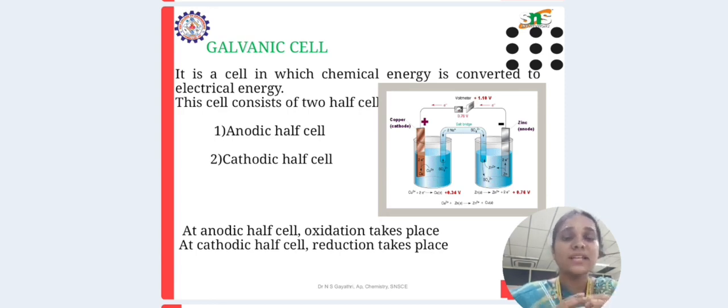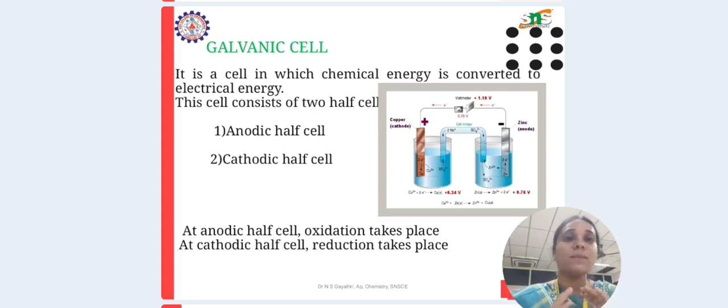Here in the galvanic cell the anode is zinc and the cathode is copper. We have taken two compartments. In the anodic compartment the electrode is zinc, dipped in the electrolyte zinc sulfate solution.